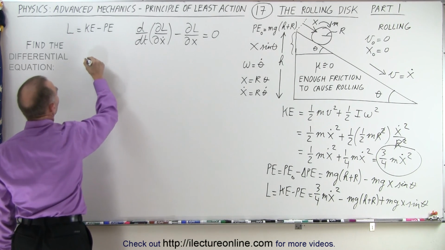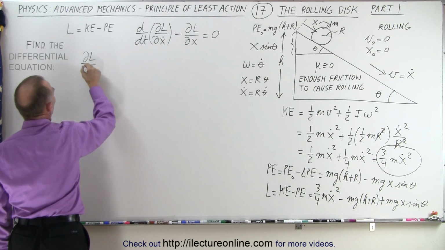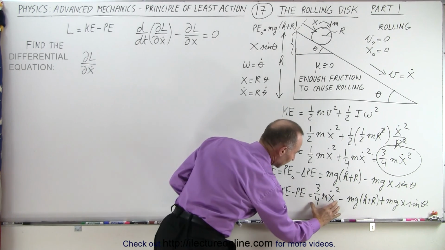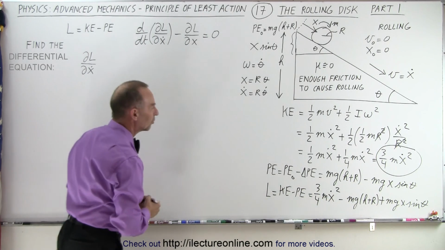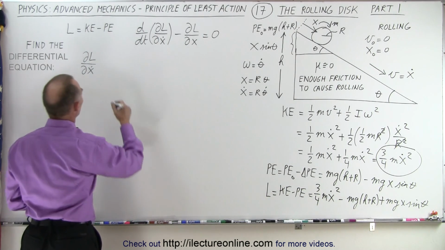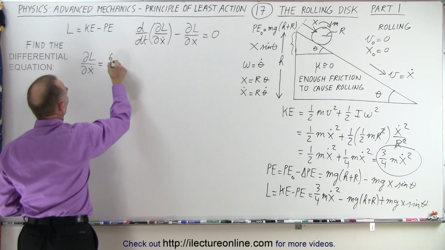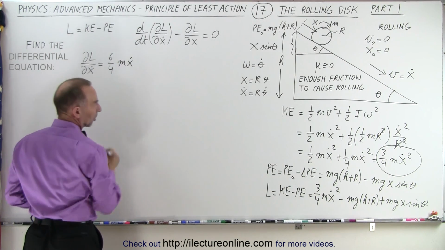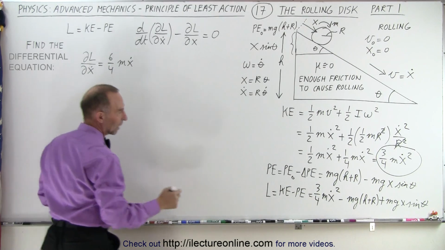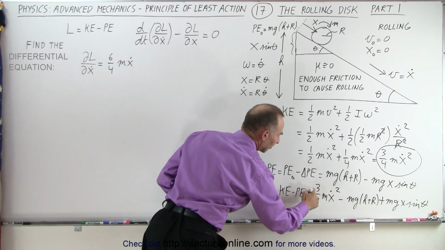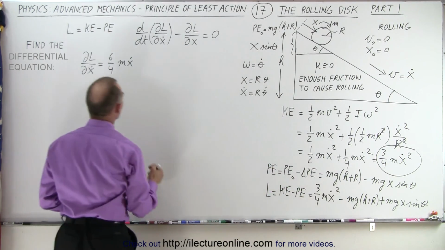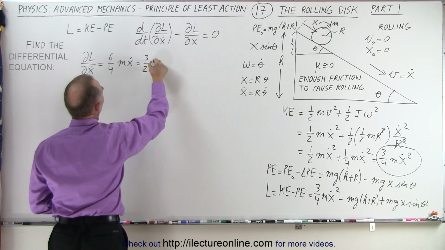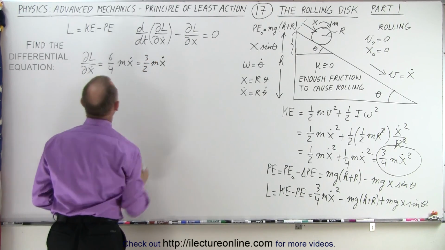So first, we take the partial of the Lagrangian with respect to x dot. And notice that the only term that has an x dot is this right here. So that means we're going to write it as 6/4 m x dot, because we take the 2 we multiply, we get 6 over 4 x dot to the first power, which is equal to 3 over 2 m x dot.